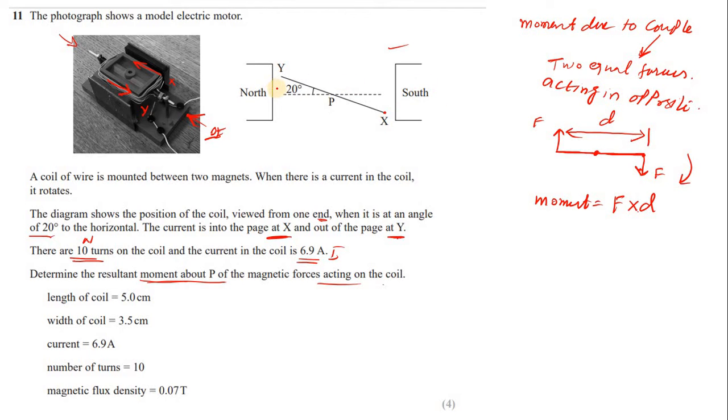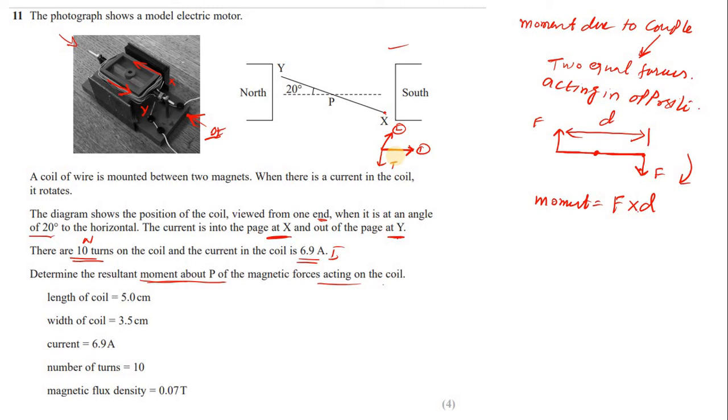If you arrange your left hand, so your first finger at X, I'm talking about at X, first finger is to the right side, and second finger into the page or into the computer screen. Then clearly your thumb will be downward.